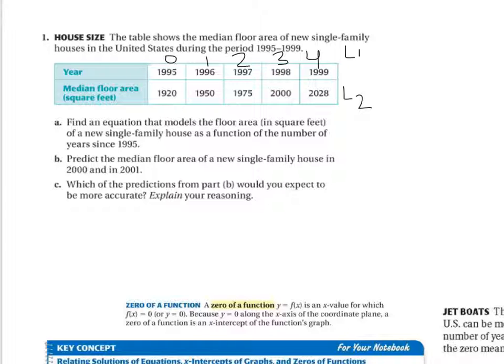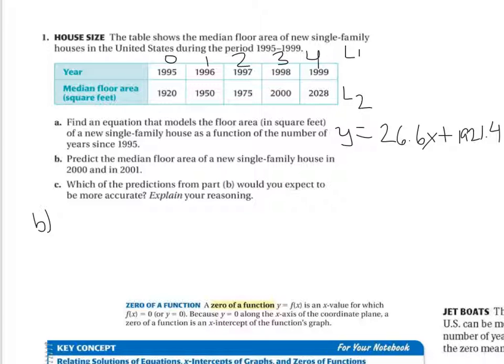All right, so if you ran the linear regression, we round to one decimal, you should have gotten y equals 26.6x plus 1,921.4. So it says predict the median floor area of a new single-family house in 2000 and in 2001. So here's the thing.